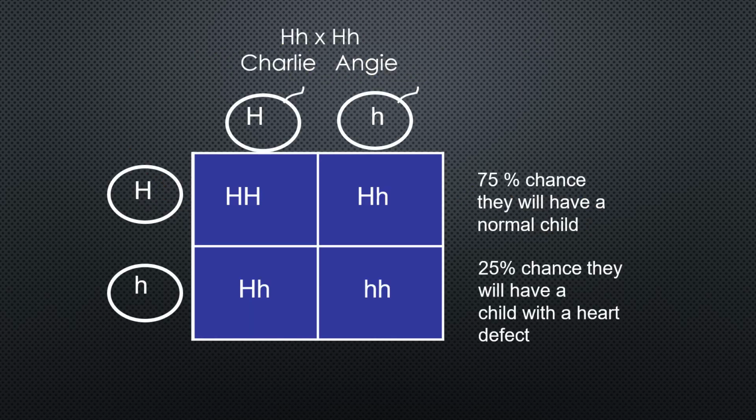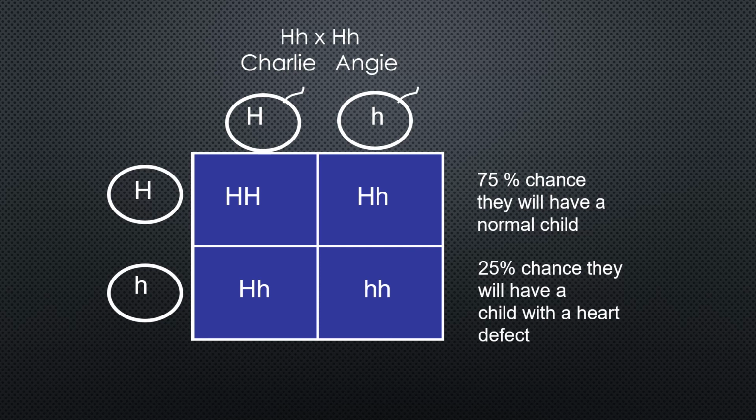So one of Jonathan and Elizabeth's children, named Charlie, is going to come in with being a carrier, and he is going to then marry somebody named Angie, and they are going to have children.